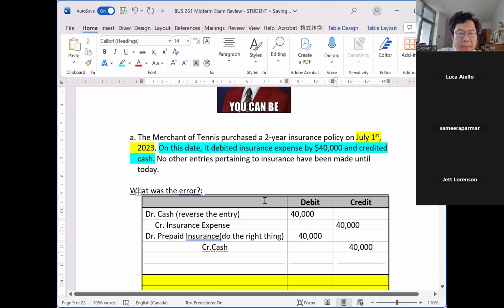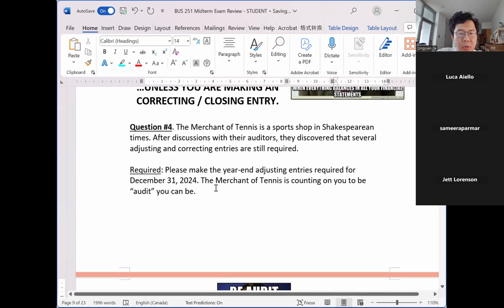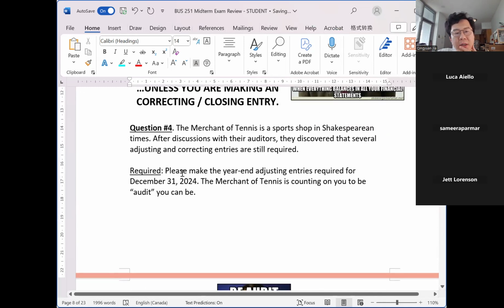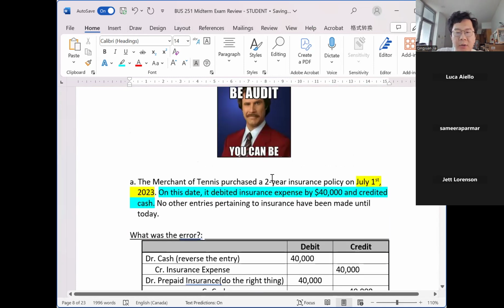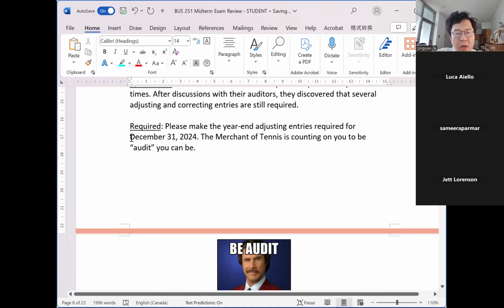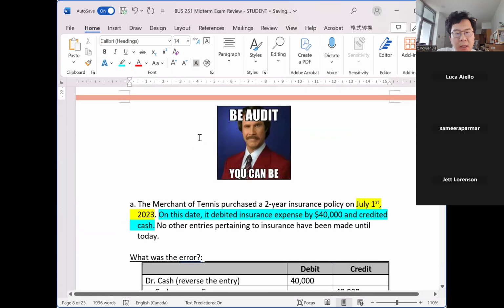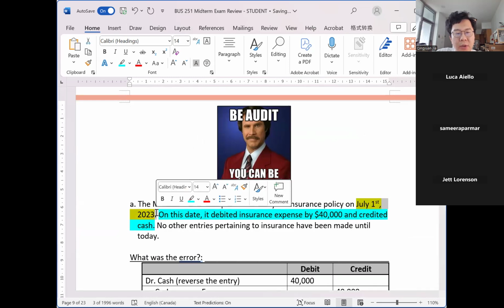And we are also required to make the year-end adjusting journal entries required for December 31, 2024. December 31, 2024 will be the end of 2024, and this is the middle of 2023.